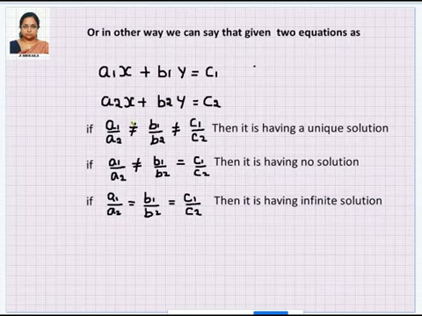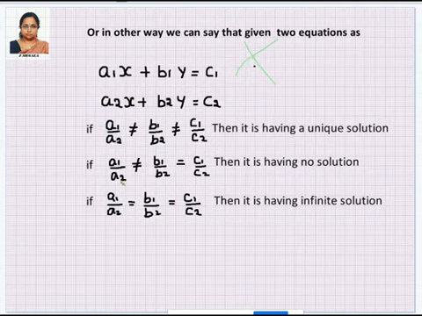In this case, you just consider the coefficients of x and y and the constant term. So when you say a1 by a2 is not equal to b1 by b2, is not equal to c1 by c2, that means they are different equations. That means you have two different lines with different slopes and you get a single unique solution.